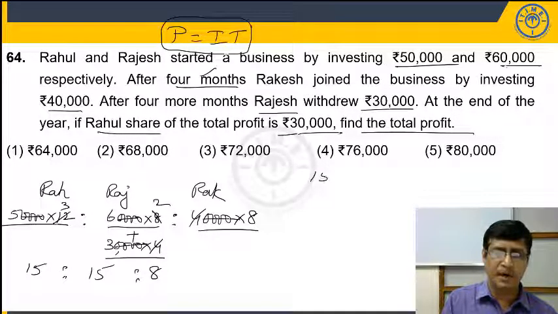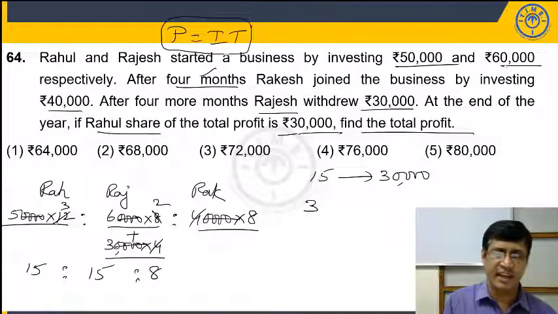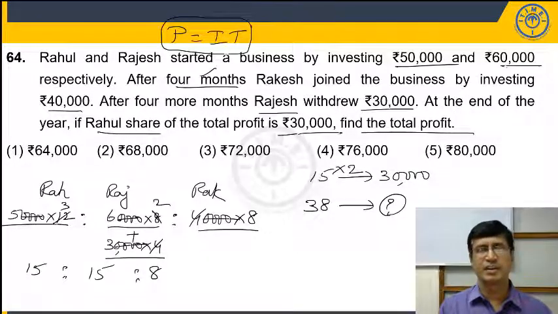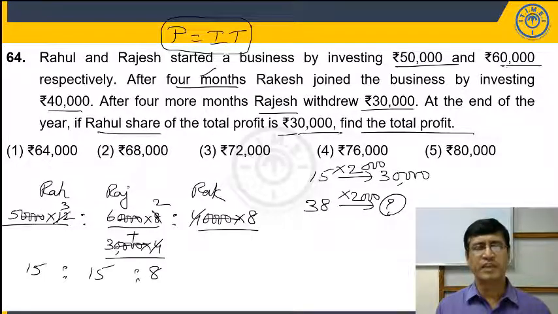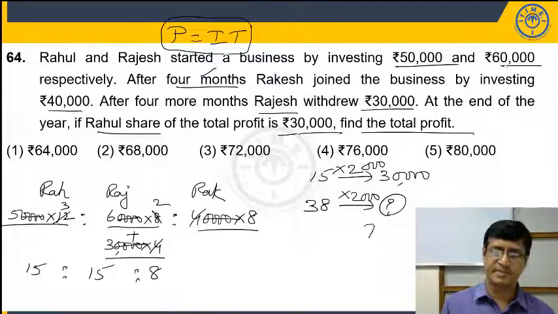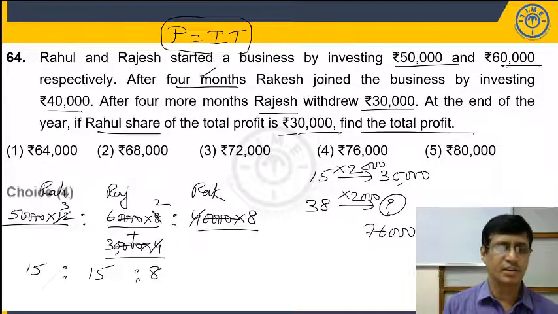If 15 parts is equal to 30,000, then what is asked here? 15 plus 15 plus 8, 38 parts is equal to question mark. How many times of 15 is equal to 30? 2 times. Of course, zeros are common here. So multiply the same thing here. 76,000 is the answer, 2 times of 38.